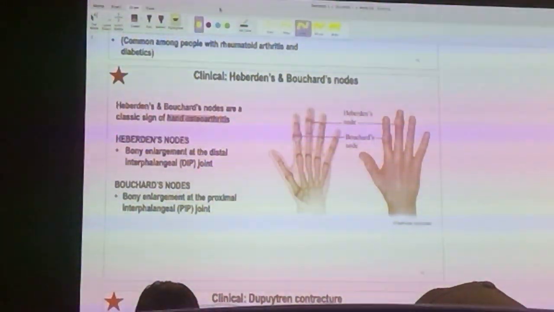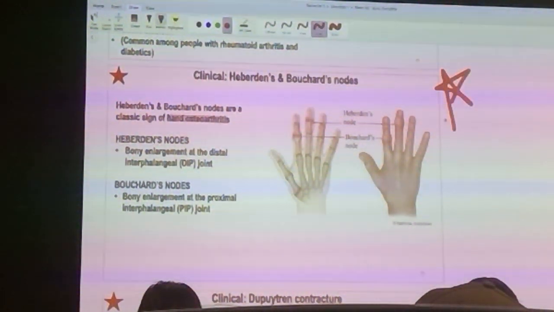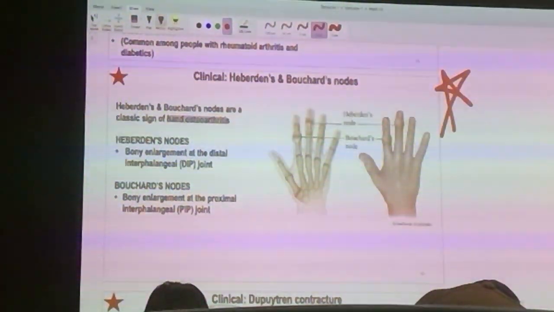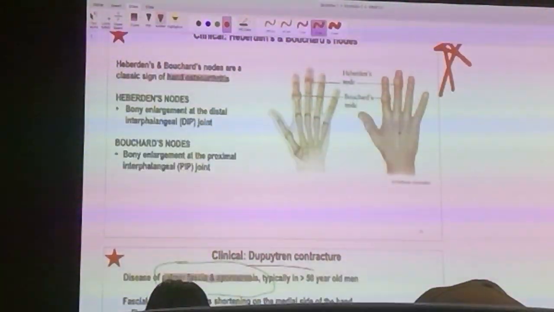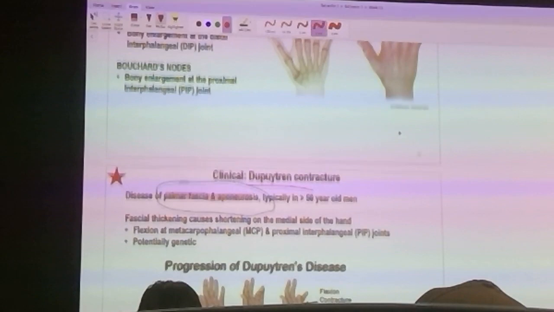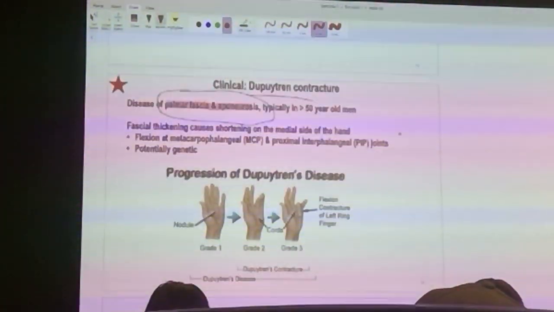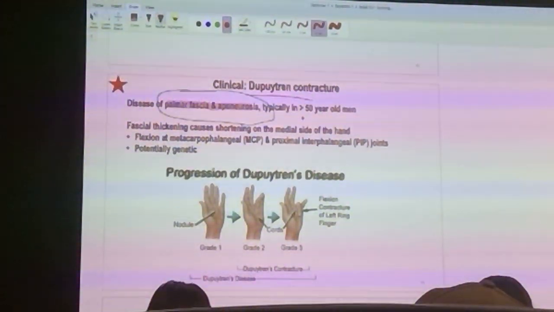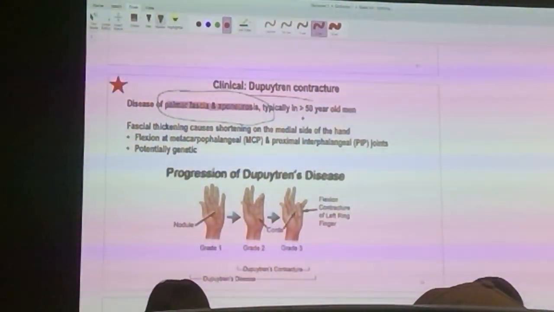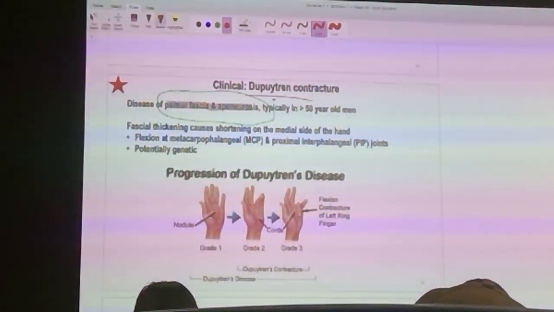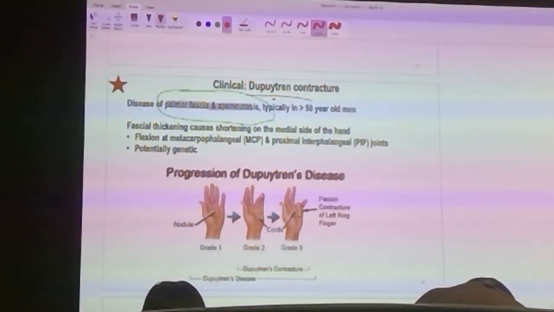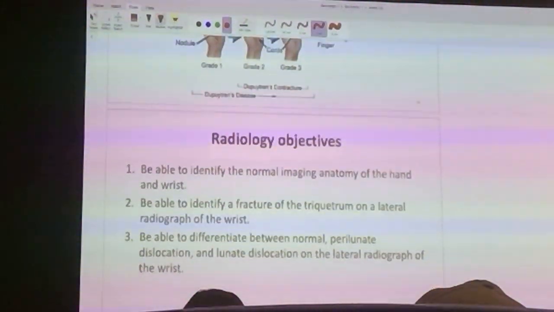And then make sure you know these two. Know what they look like, Heberden's and Bouchard's. Okay. And this one, Dupuytren, is probably the palmar fascia and aponeurosis.